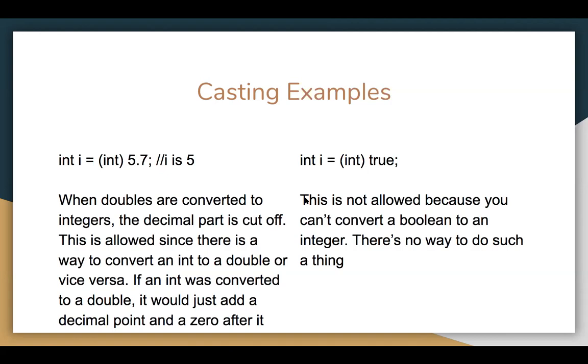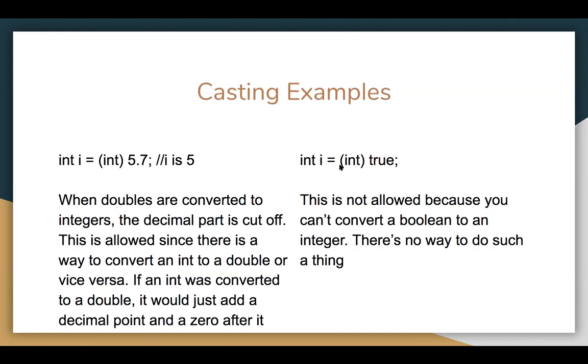And next one over here, int i equals (int) true. So this is not allowed. This is an example of what is not allowed in Java. And it's because you can't convert a boolean to an integer. There's just no way to do such a thing since it's just not possible.